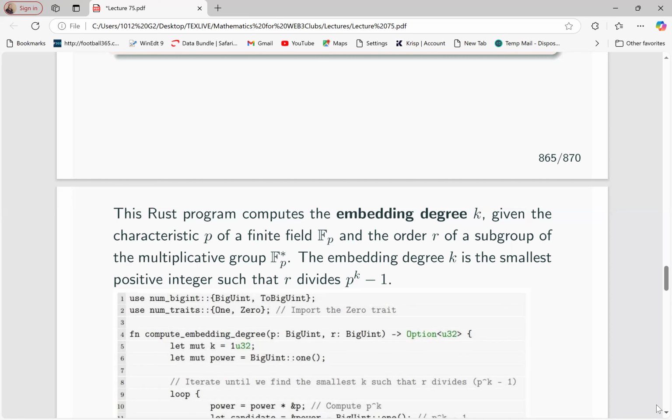Then I'll use a different one to give me the prime factors of that order, or I can even do it manually. Once I have the prime factors and I have the mod, I now come to this code. So this code, I'm only giving it the prime factor and the mod.